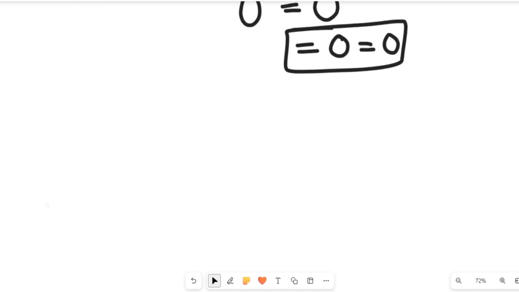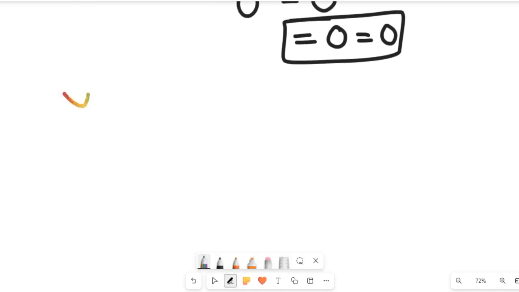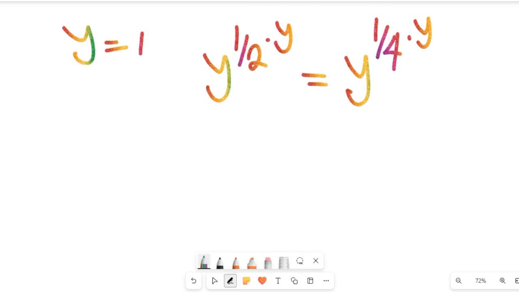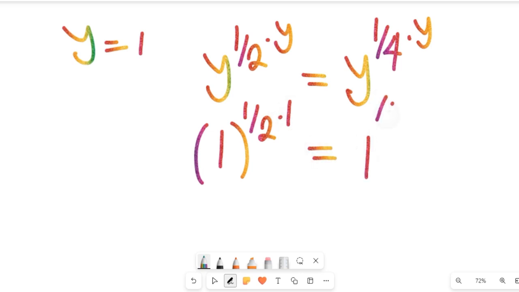Now let's look at the other one. If y is equal to 1, we'll have y to the power of 1 divided by 2 multiplied by y, and this will be equal to y to the power of 1 divided by 4 multiplied by 1. So we'll have 1 to the power of 1 divided by 2 multiplied by 1, and this will be equal to 1 to the power of 1 divided by 4 multiplied by 1.